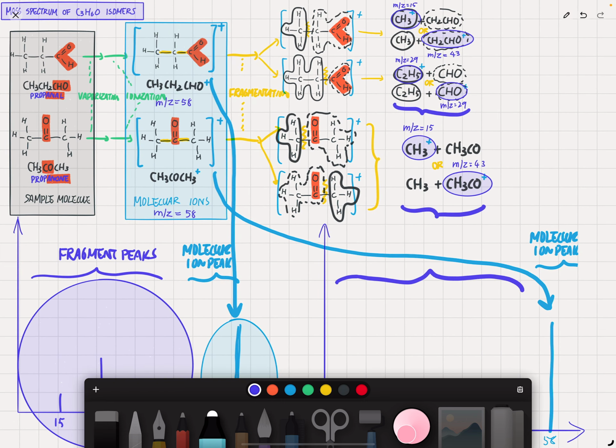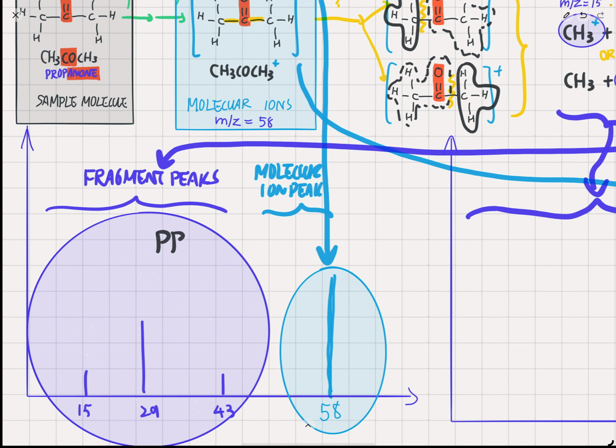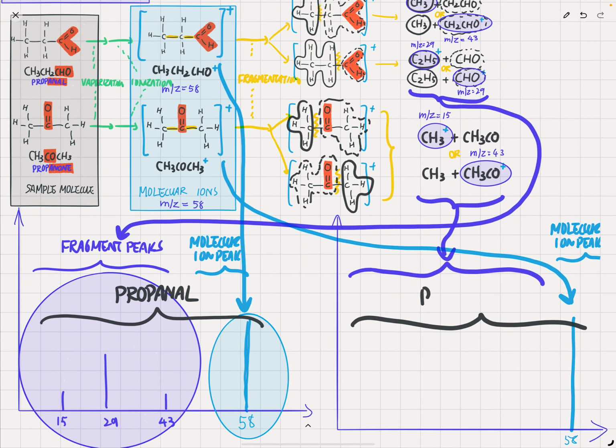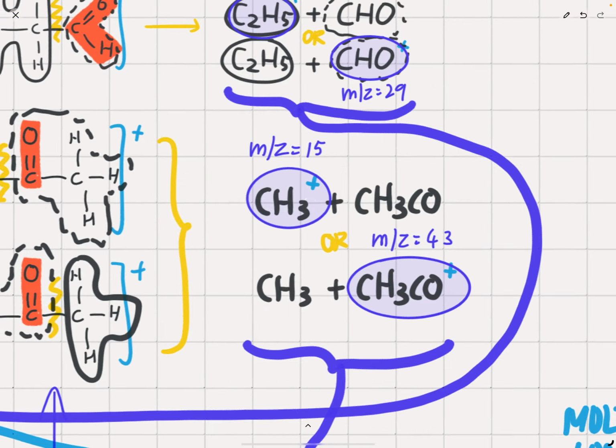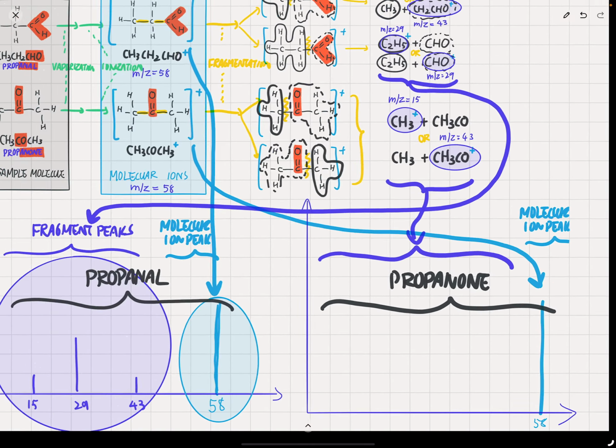The mass spectrum on the left is for propanol. Propanol will produce these 4 peaks, and propanone will only produce 3 peaks: 2 fragment peaks, one at 15, one at 43, and then the molecular ion peak at 58.